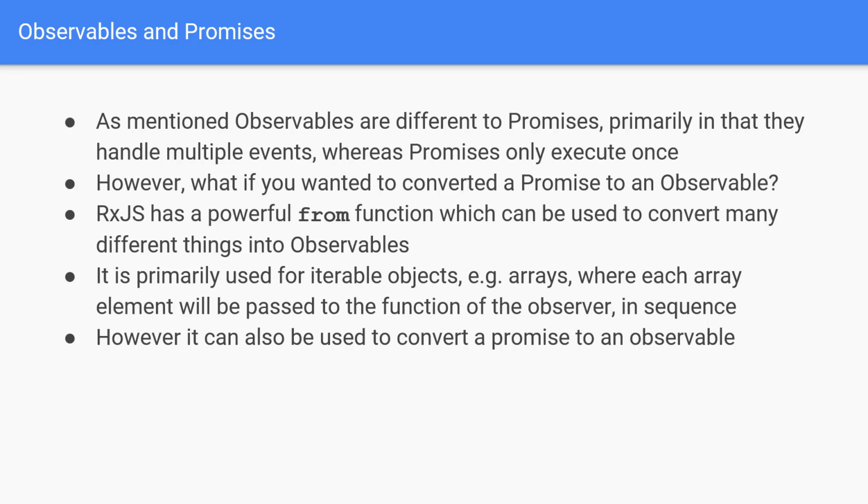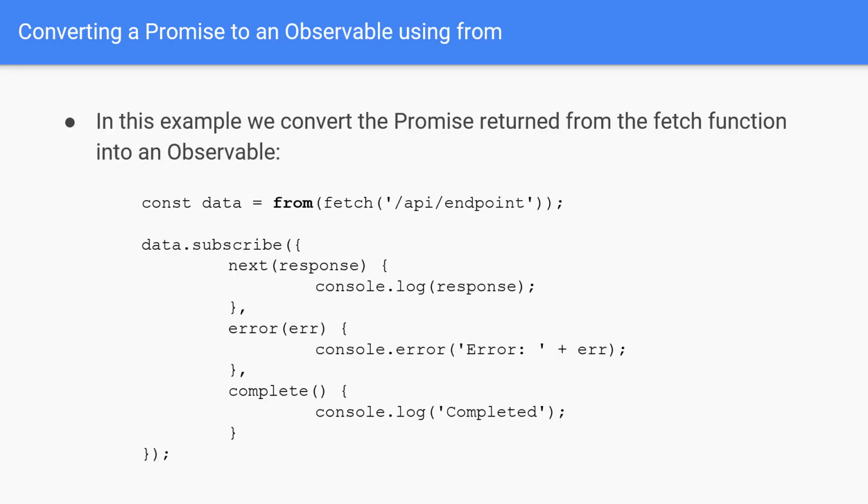It is primarily used for iterable objects, i.e. arrays, where each array element will be passed to the function of the observer in sequence. However, it can also be used to convert a promise to an observable. In this example, we convert the promise returned from the fetch function into an observable.